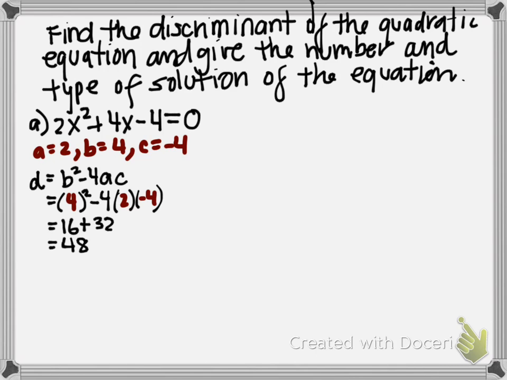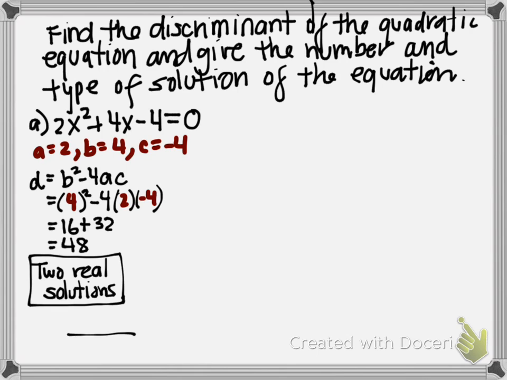Since 48 is positive, this has two real solutions. Graphically, if I draw this parabola, it crosses the x-axis twice, and that represents the two answers you get after you finish the quadratic formula.